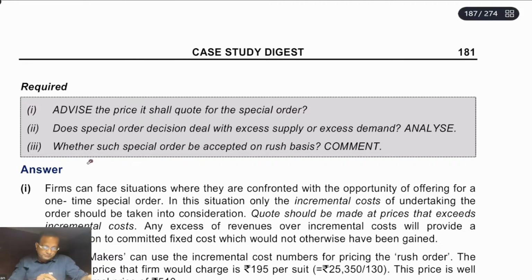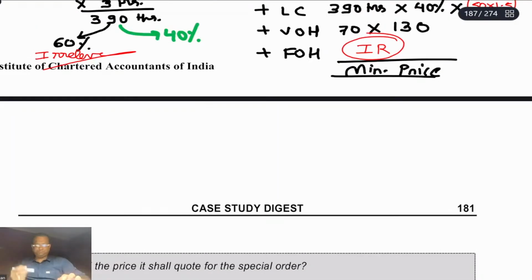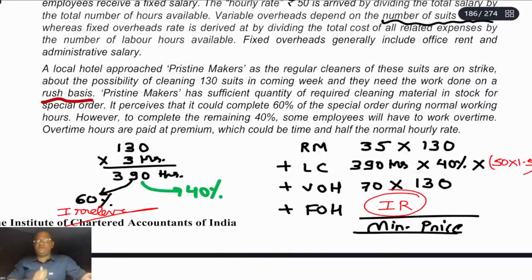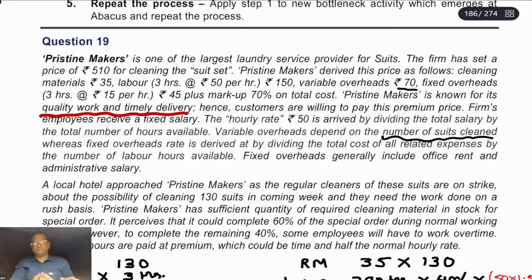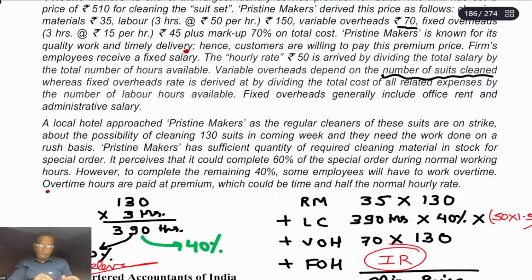Third point, whether such special orders should be accepted on rush basis. For short-term perspective, to earn some extra profit, you may accept such order even on rush basis. But you are known for your quality work and timely delivery. Since your worker now has to work overtime, they are not habitual to work overtime, and the quality might be impacted.